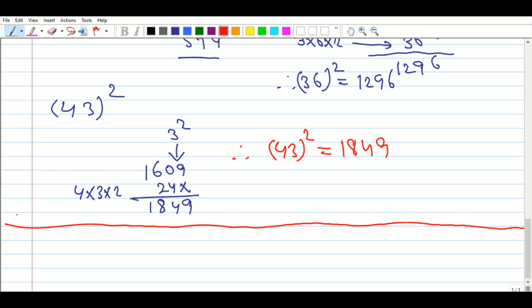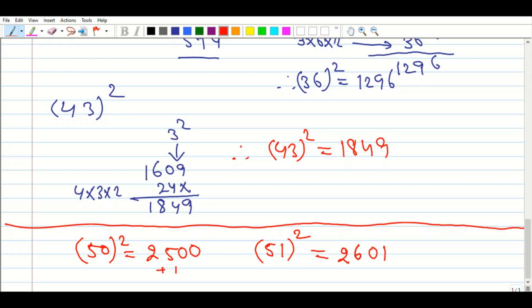Now let's see one more thing I am going to apply. You know that 50 square equals 2500. Okay, now we will write 51 square. Then 1 square equals 1, and add 1 into 25, you get 2601.